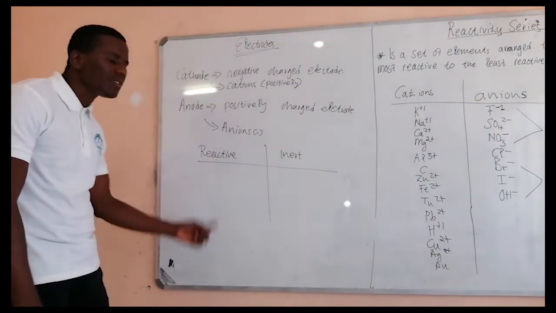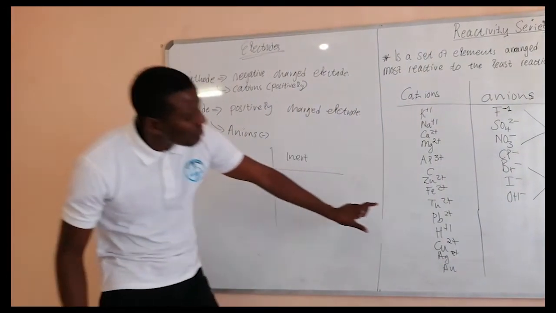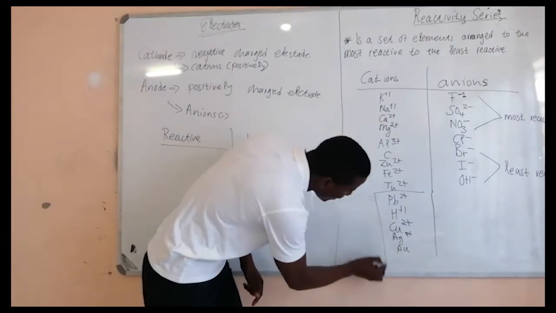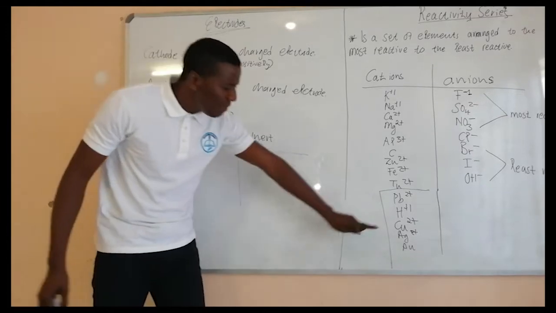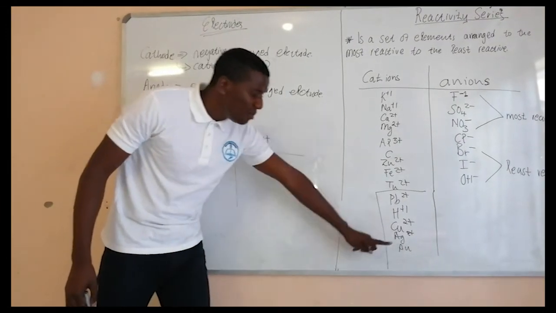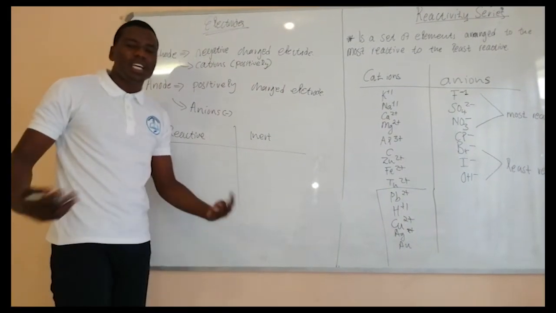Reactive electrodes are always made of one of these: lead, copper, or silver. They can't be made of gold, because gold is unreactive.